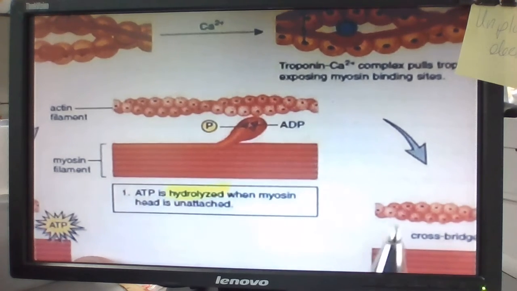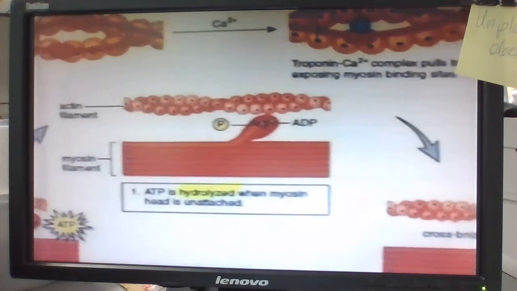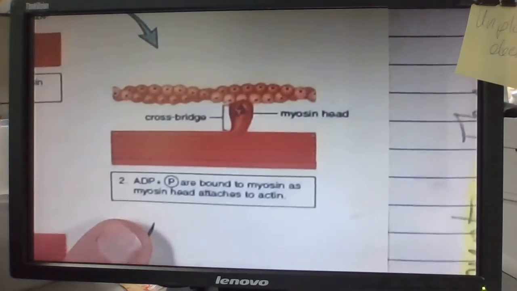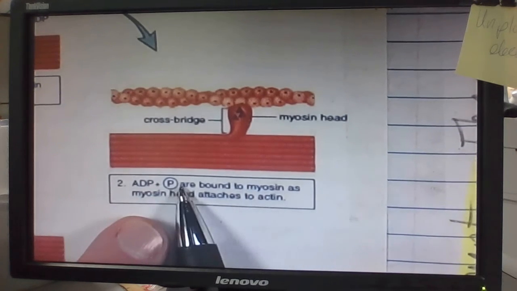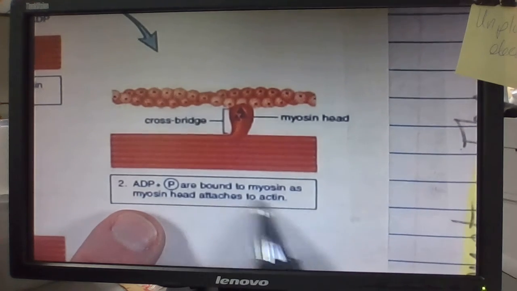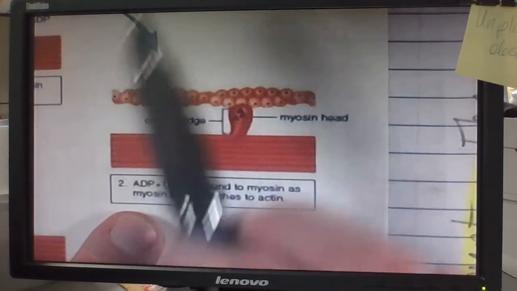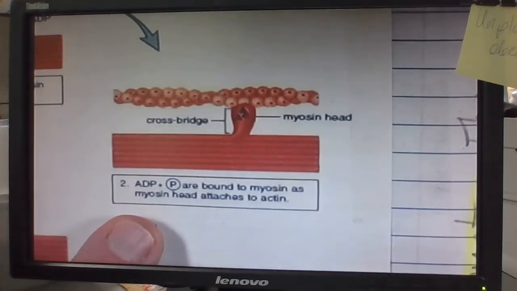ATP is hydrolyzed when the myosin head is unattached. Next step. ADP and P, our phosphate group, are bound to the myosin as the myosin head attaches to the actin. So we've already had calcium input, we've already had calcium bond, we've had the tropomyosin move.